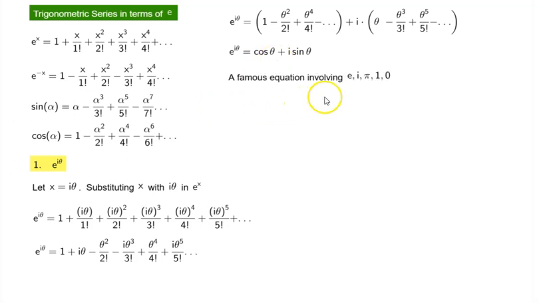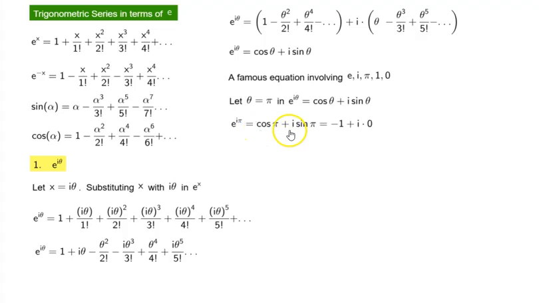So a famous equation involving e, i, pi, 1, 0. Let's look at that. So let theta be equal to pi in e to the power of i theta equal to cos theta plus i sine theta. So we have e to the power of i pi is equal to cos pi plus i sine pi.